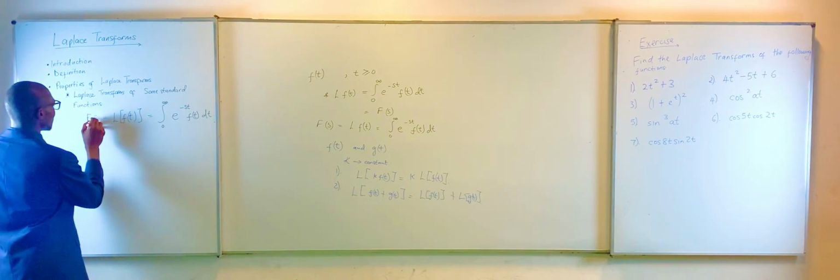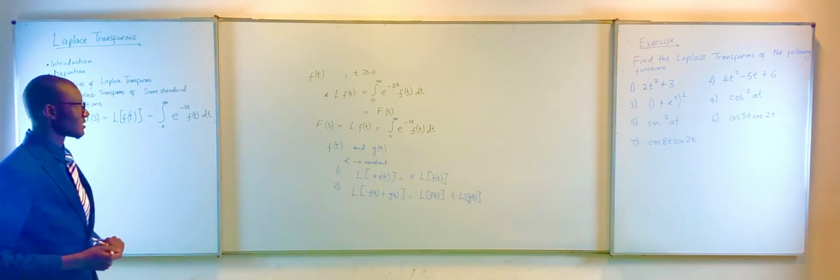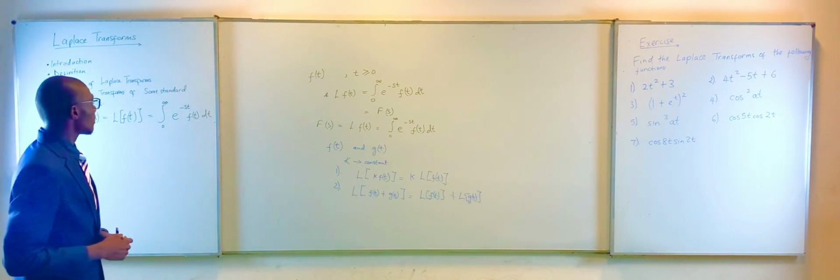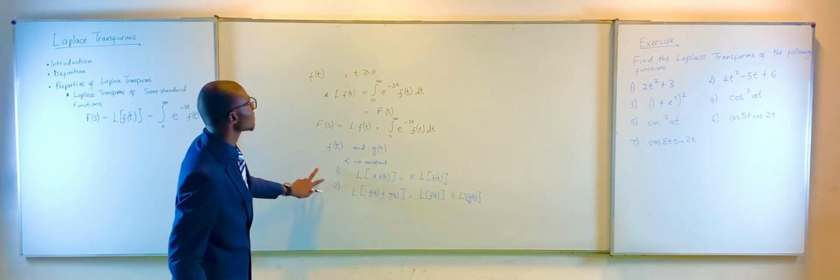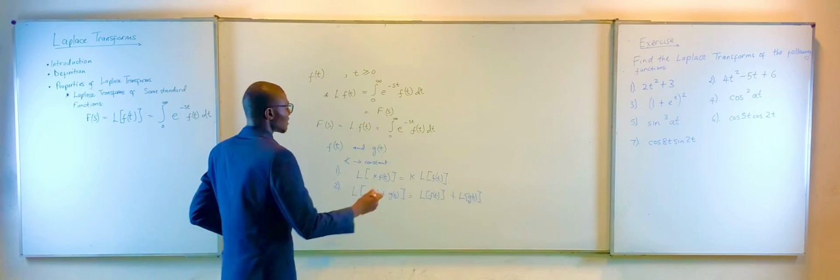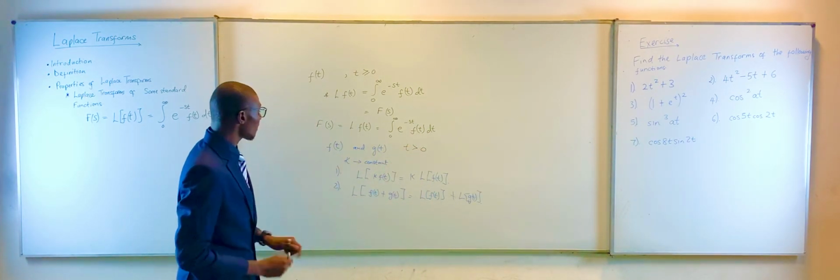We also said that it can be written as capital F of s. So now I would like to prove these two theorems. And remember we said this is for all positive values of t.